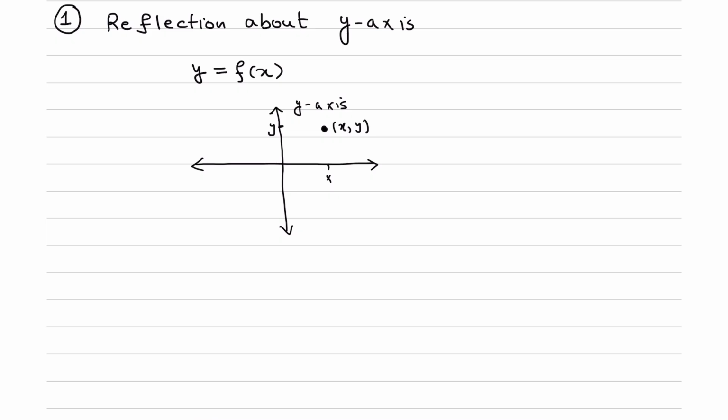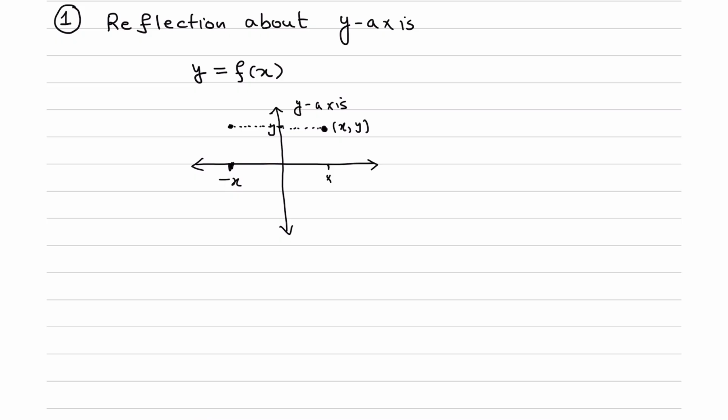First of all, this point would see itself on the other side of y-axis at this point. From the y-axis, it will cover the same distance as this distance x, but since it is on the other side of y-axis, it has covered minus x distance.